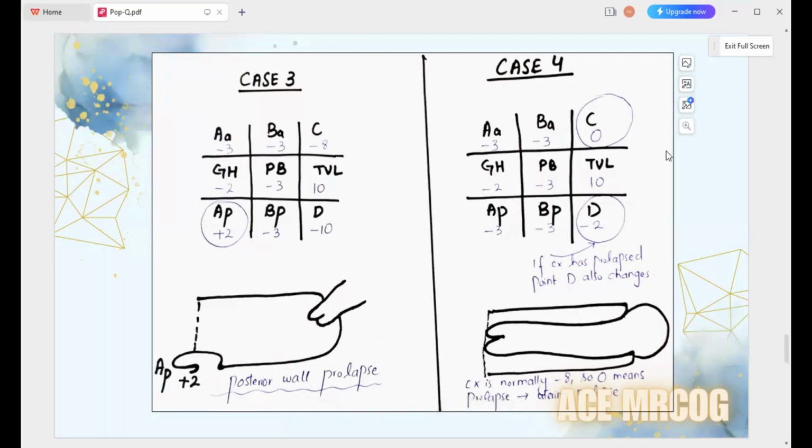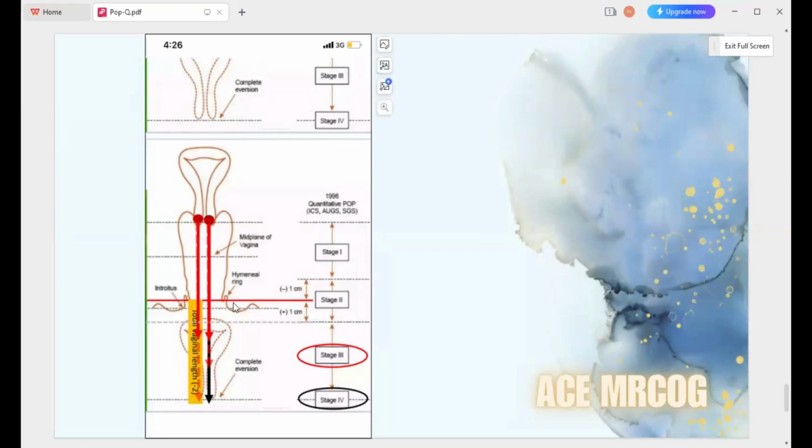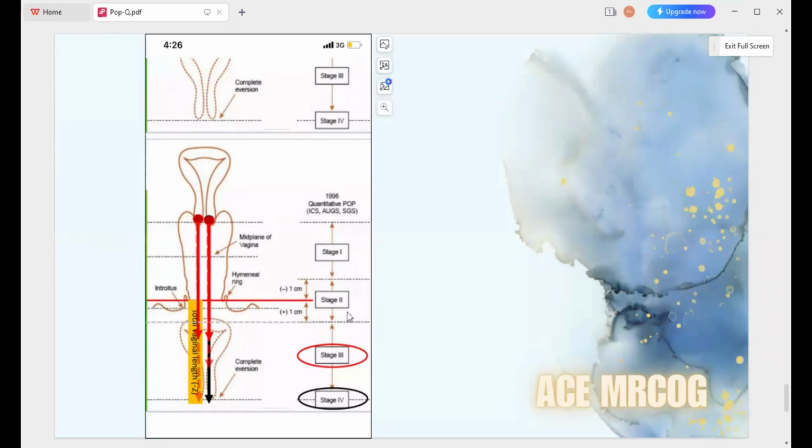So I'm also going to show you one more diagram for further clarification. You can see in this diagram that this is the hymen basically. If we take this point as a hymen, the red point is the hymen. So anything that is +1 centimeter above or +1 centimeter below the hymen is called stage 2.